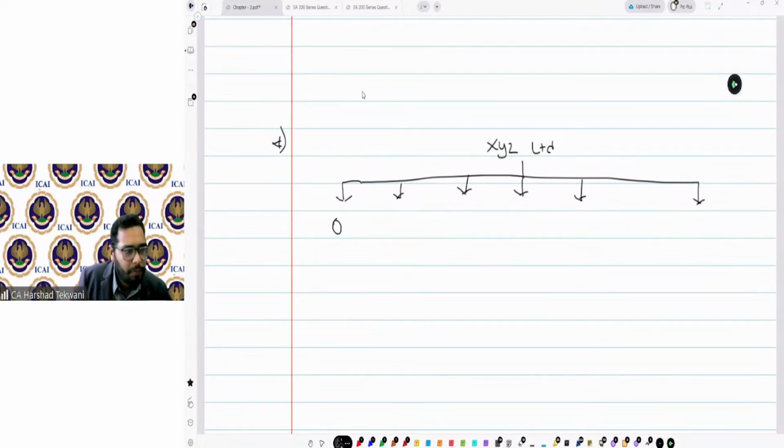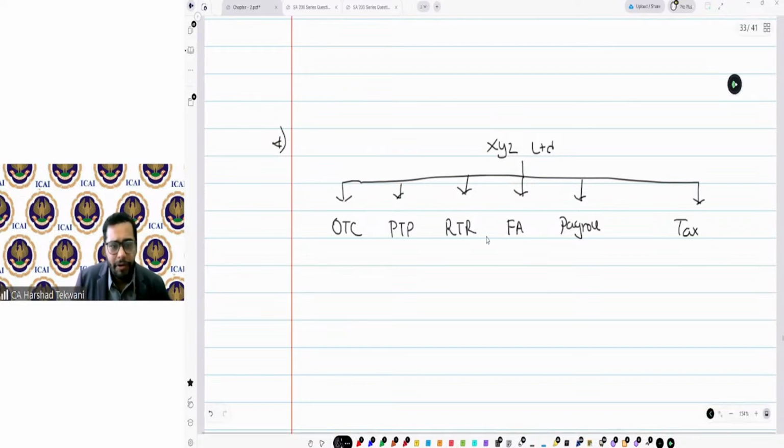Let's say first is O2C, P2P, R2R, FA, payroll, and then tax. So these are the processes basically for XYZ Limited.